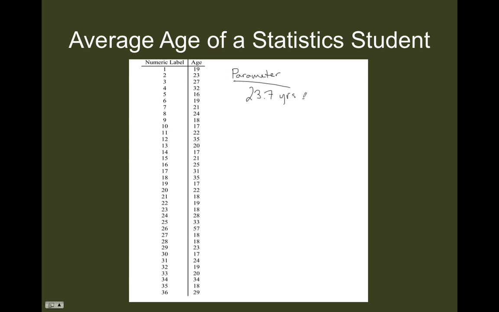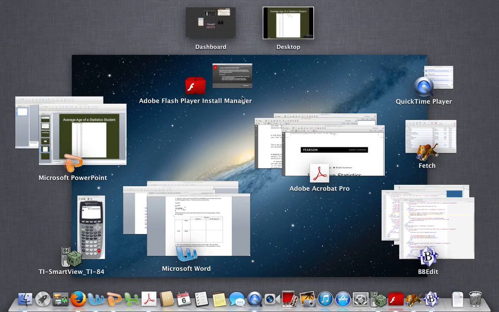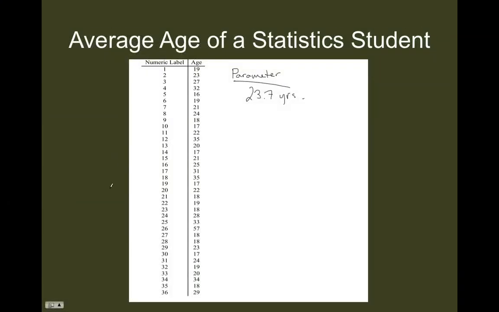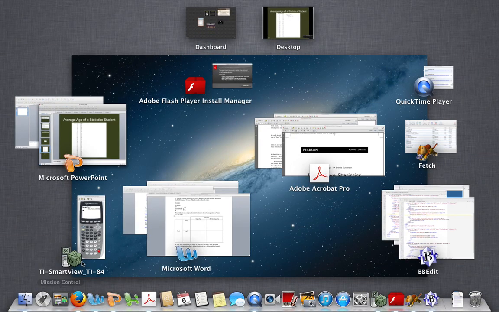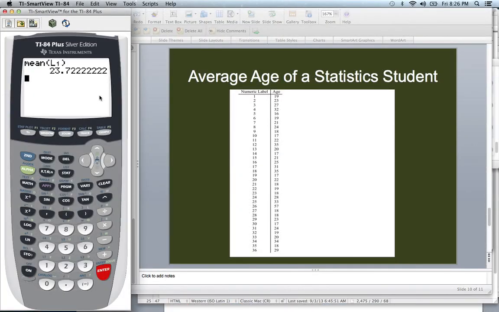All right, so the parameter value is 23.7 years. Now, I'm going to go back to the calculator again, and I'm going to select a random sample.